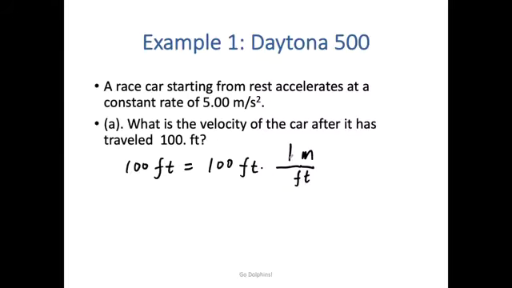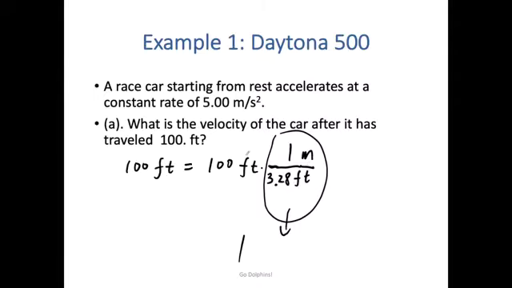So how many feet do you have in 1 meter? We have 3.28 feet in 1 meter. So 1 meter over 3.28 feet gives you 1. So you multiply 100 feet by 1. This is exactly 1, and you see the units cancel too.